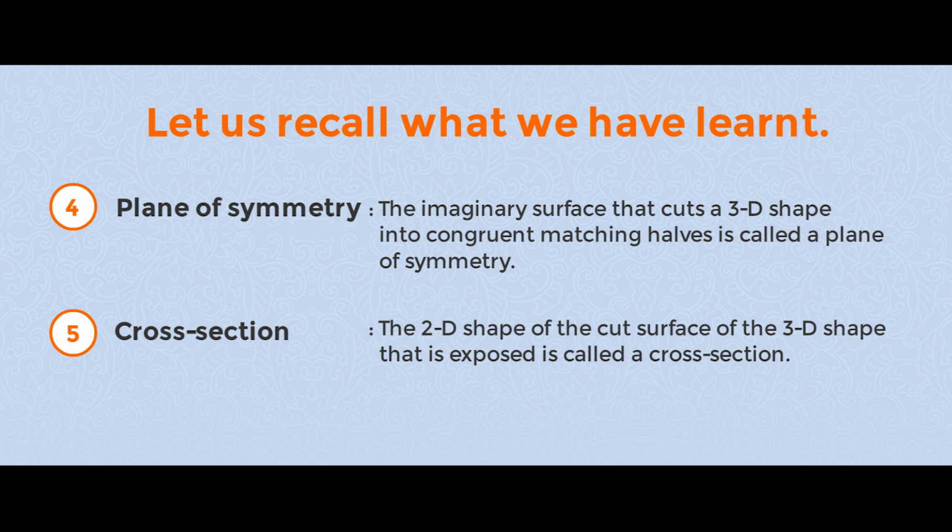Okay, cross section, right? Cross section is the 2D shape of the cut surface. I repeat, the 2D shape of the cut surface of the 3D shape that is exposed is called a cross section.